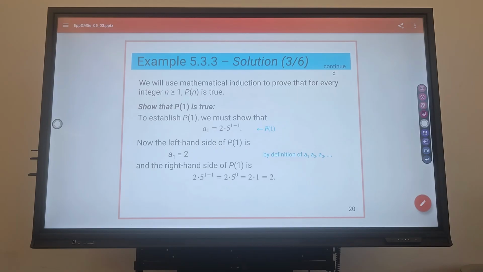First, show that P of 1 is true. P of 1 is true because it's 2 times 5 to the 1 minus 1, or 0, or 2 times 1.